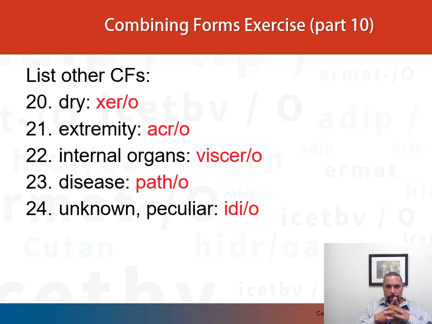Some lists of other CFs: acro, your extremities; viscero, your internal organs, visceral; patho, diseases, or pathology.